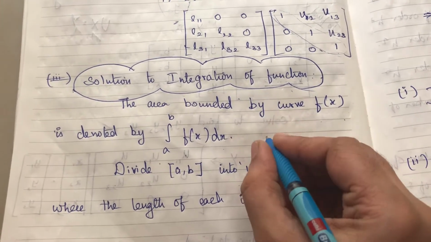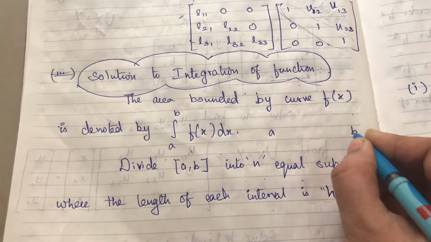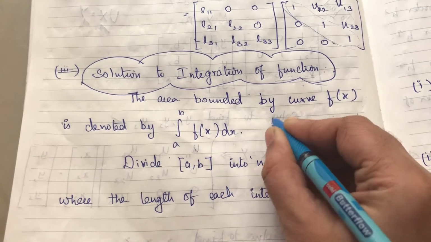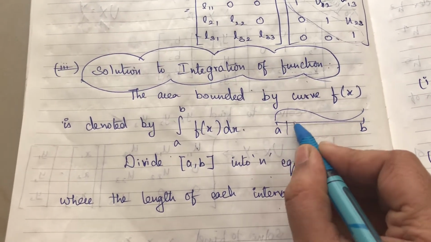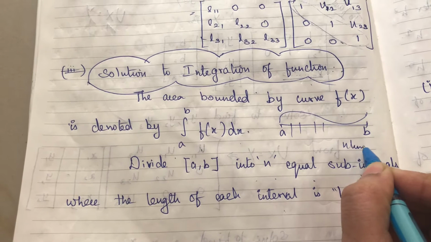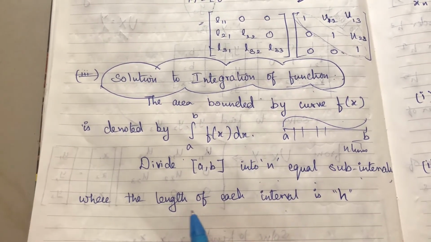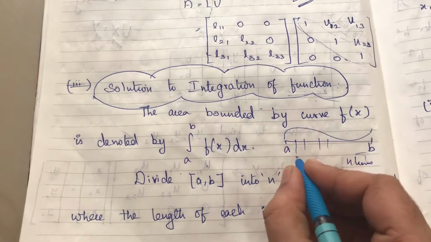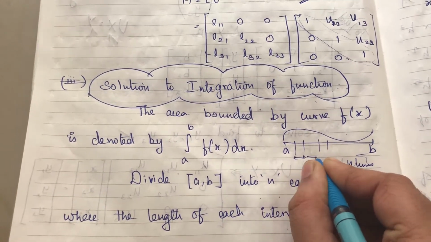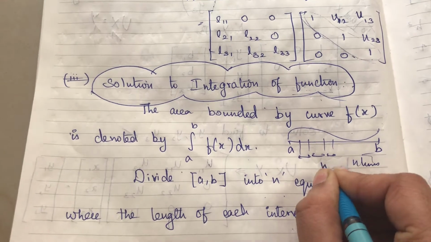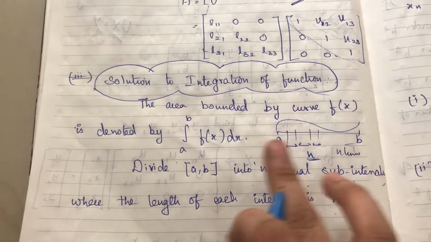If A is here and B is here, this is the limit for the curve. We need to divide it into n equal intervals, where the length of each interval is h, and this is the same for all the intervals.